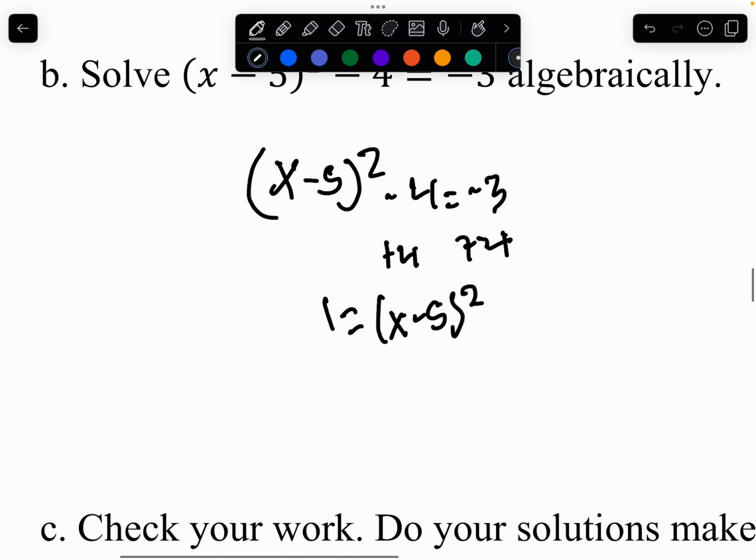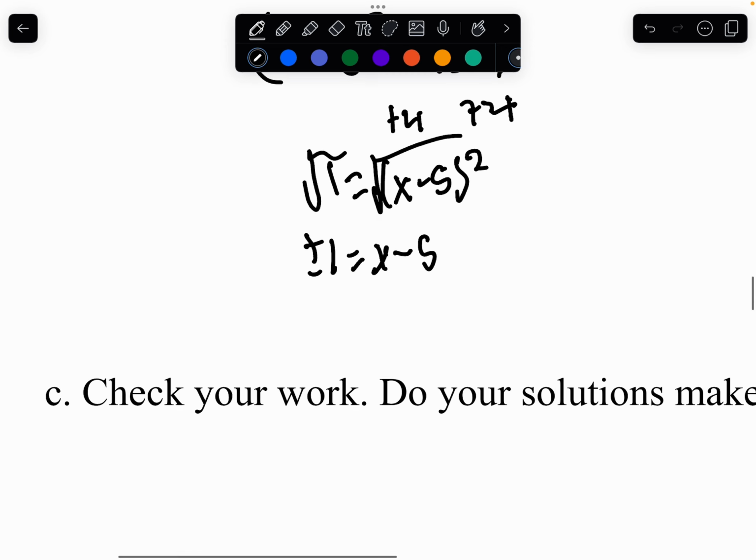Now I take the square root of both sides, so it's plus or minus 1 equals x minus 5, because negative 1 times negative 1 is 1, and 1 times 1 is 1. And now you add 5 to both sides. So x equals 5 plus or minus 1.